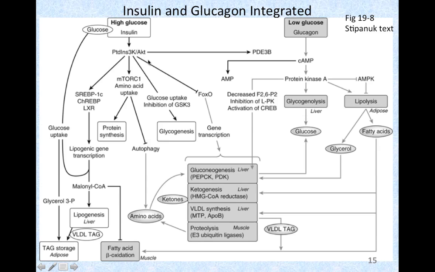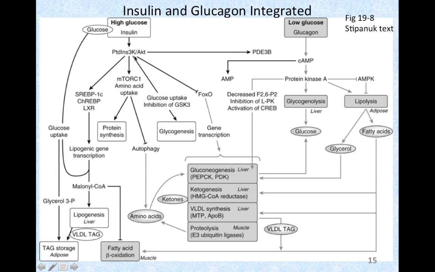Remember, those molecules decrease activity of FOXO, and FOXO gene expression is involved in things like gluconeogenesis, ketogenesis, VLDL synthesis, and proteolysis. So FOXO is inhibited by this part of the signaling pathway.